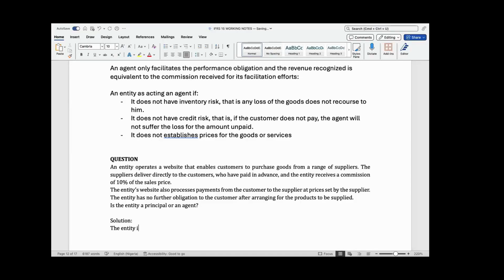So the entity is an agent because, from what I can see here, the entity only gets commission. Number two, the customer pays directly to the supplier.